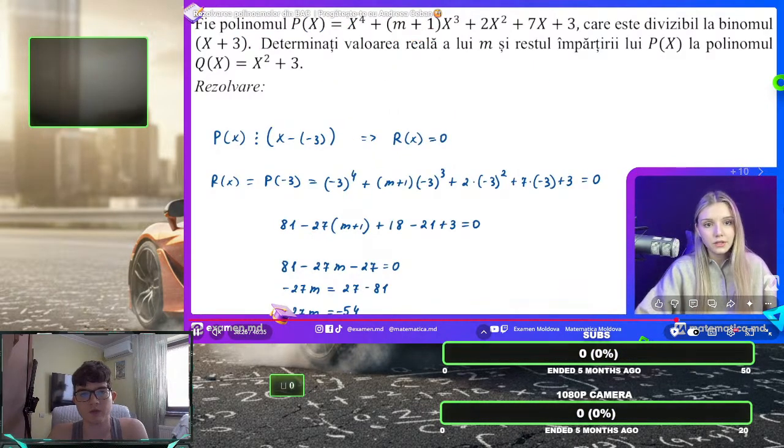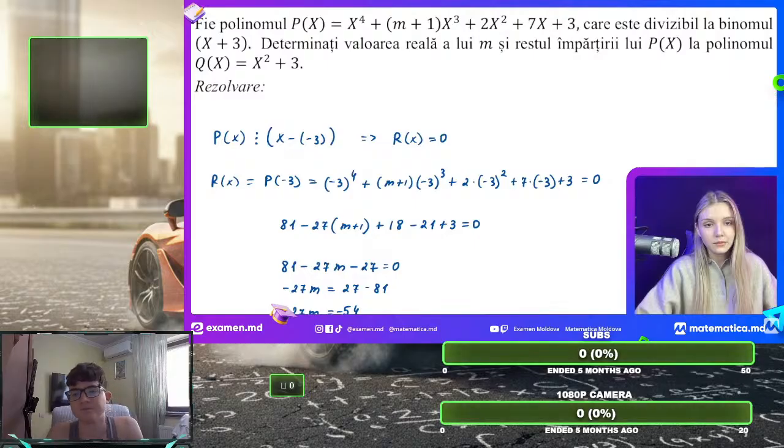Now what? So basically the condition said that we must find m, which we did. And now we have to find what's left of this division to this polynomial x to the second power plus 3. Alright, so that's that.